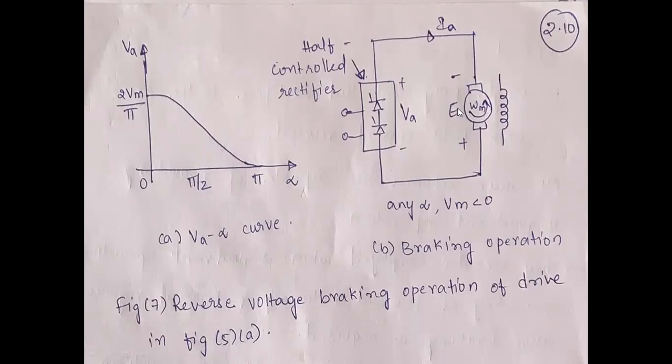Suppose you have a need to adjust the firing angle and continue this operation, then you have to opt for the fully controlled rectifier. Adjusting the firing angle is not possible in a half controlled rectifier, but in a fully controlled rectifier we can adjust the firing angle and give the pulses.